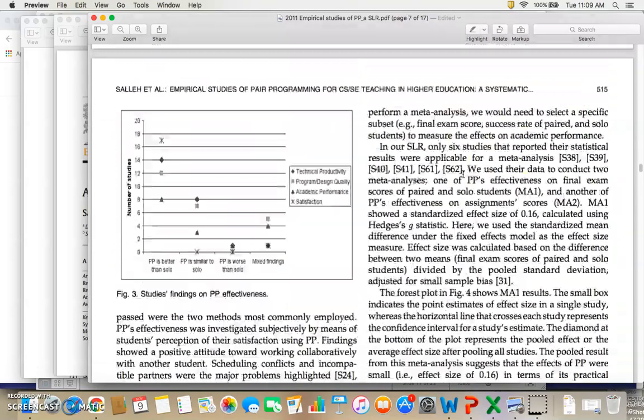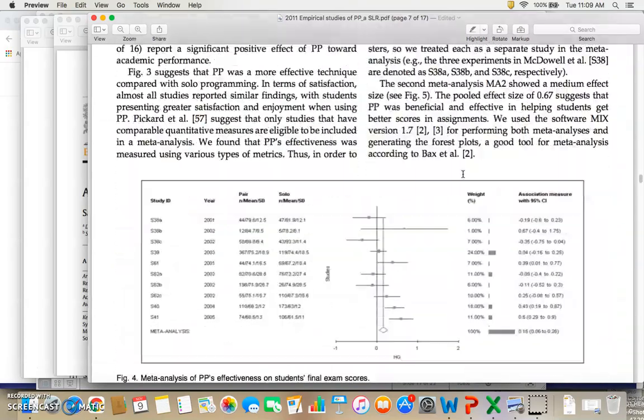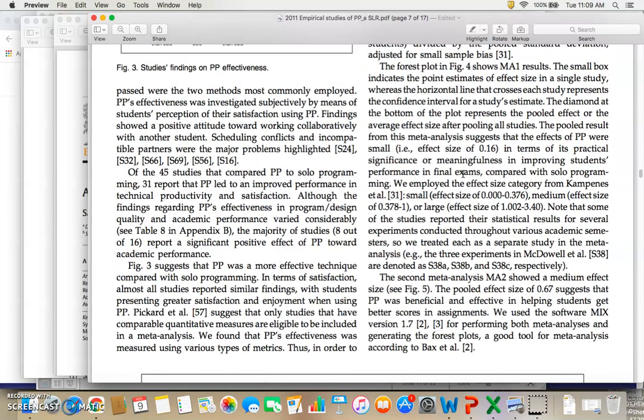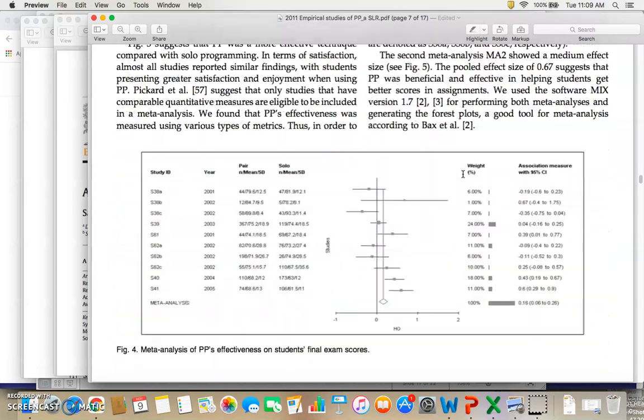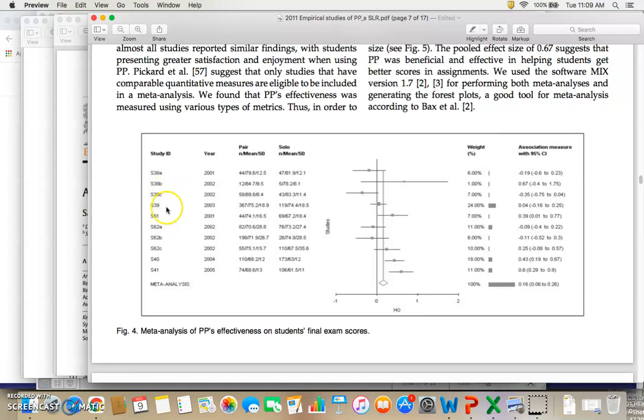And then I did a meta-analysis because I found a number of studies that performed experiments comparing pair and solo. These studies are homogeneous in nature, so I did a meta-analysis to find out the major results.